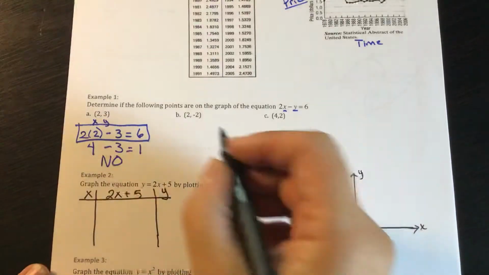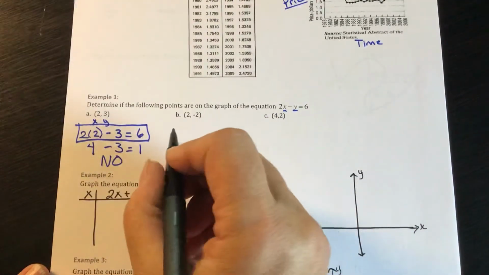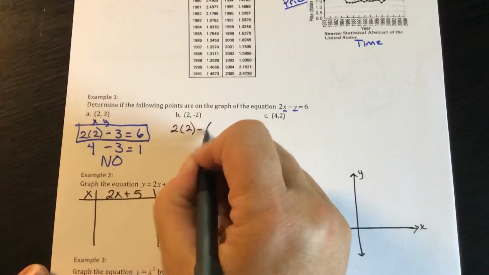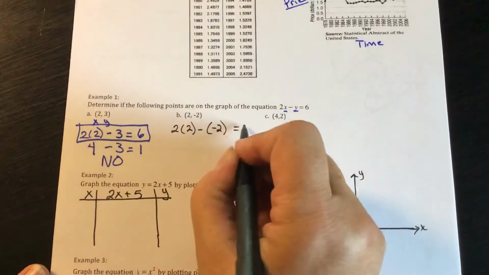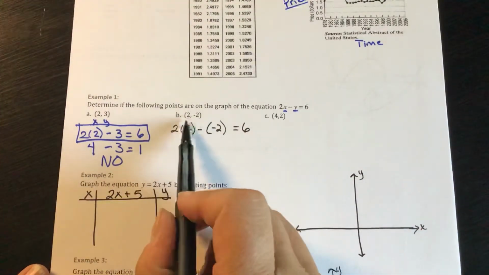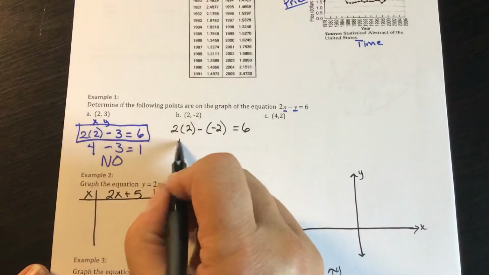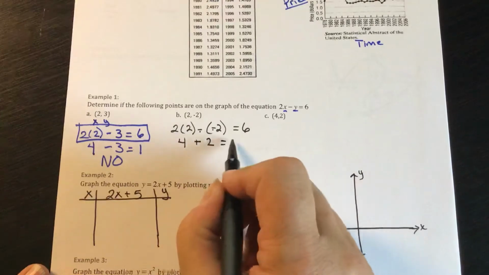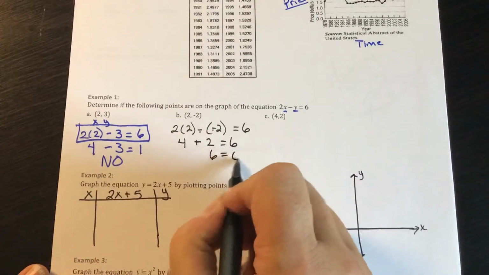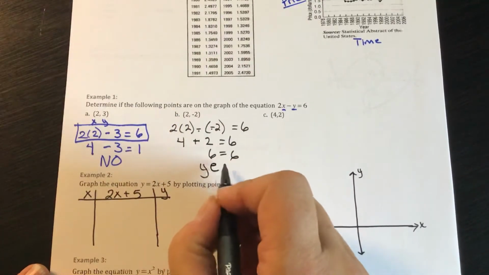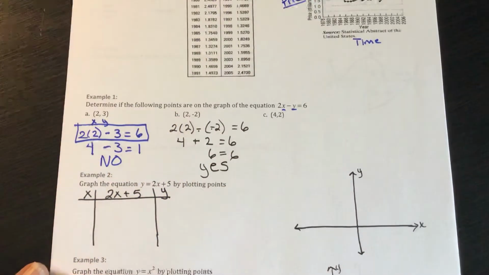If I do another one, let's plug in 2 and negative 2. So I have 2 times 2 for x minus negative 2 for y. Does that equal 6? So I replaced my x and y with the values. Now I'm going to simplify. I have 4 minus a negative is plus 2. That does equal 6. So this point, 2, negative 2, yes, it is on the graph of this equation.